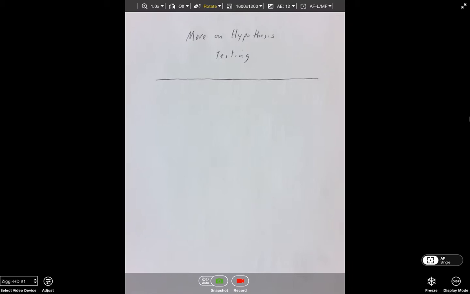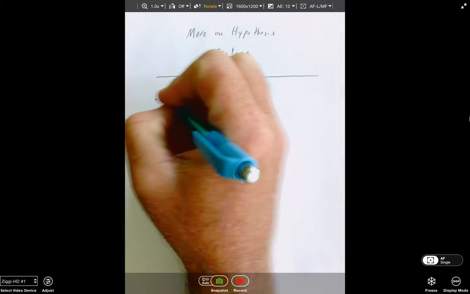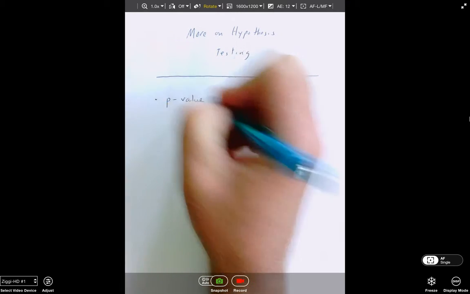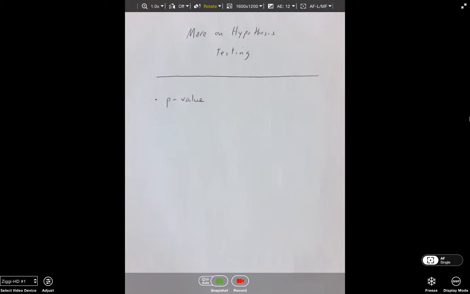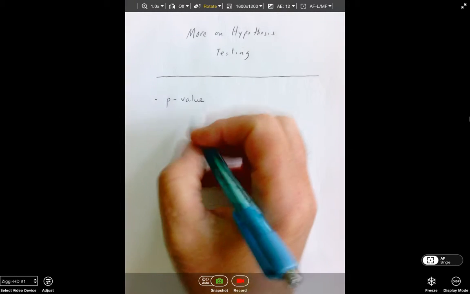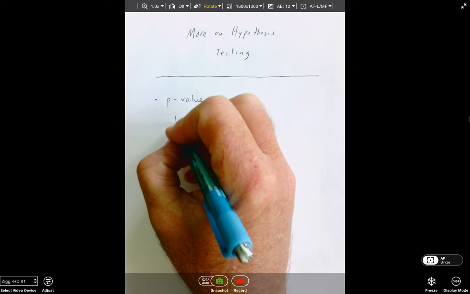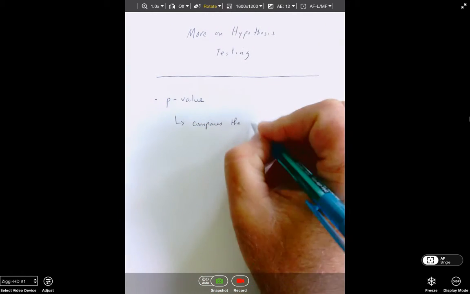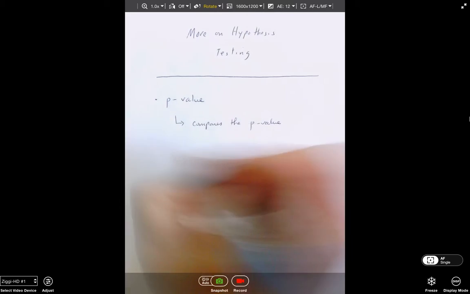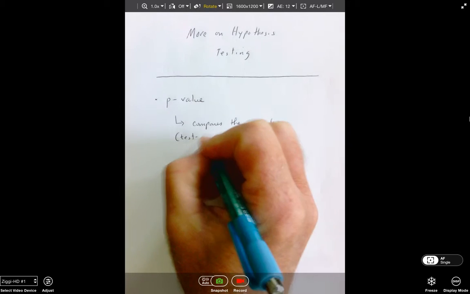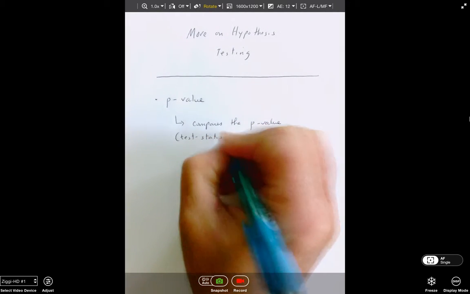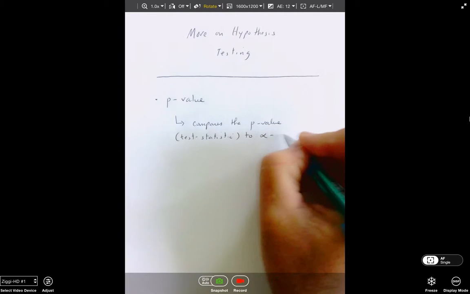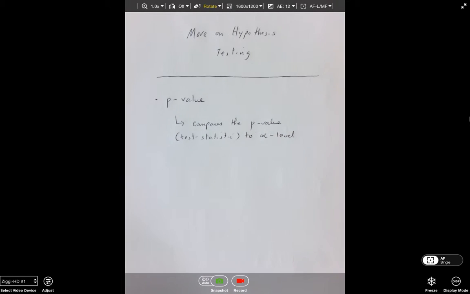But what I want to do here, one of the most confusing parts of hypothesis testing is looking at the two different methods. The method I looked at in the last video was called the p-value approach. What the p-value approach does primarily is compare the p-value, which we get from the test statistic, to this alpha level called a level of significance.